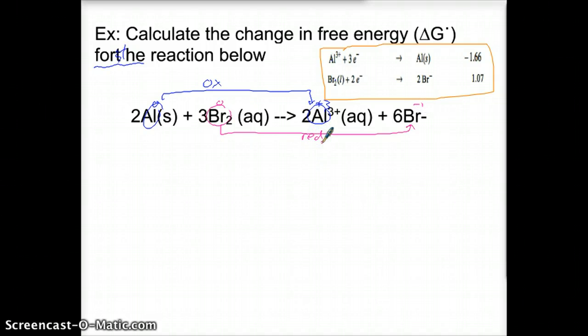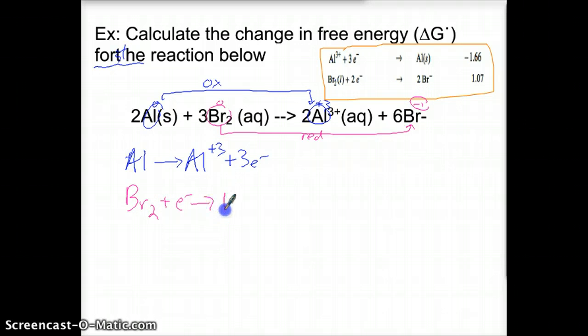So if I wrote the half reaction for aluminum, it's Al, oxidation, so loss of electrons, to form Al3+ plus 3 electrons. And my reduction half of the reaction, Br2, must be gaining 1 electron to form Br minus.